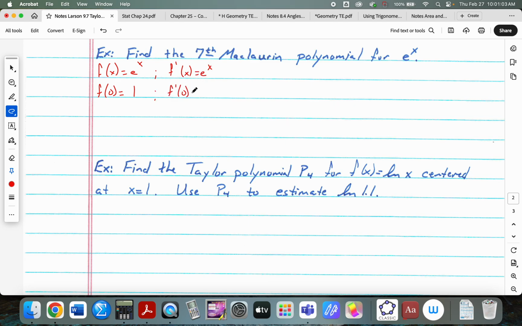And f prime of 0 is also 1. And this just continues. F double prime of x is e to the x. F double prime at 0 is 1. And I'm not going to write all of these through the 7th derivative. Remember, that's read f super 7. We haven't done that very often. At 0 is also going to be equal to 1.